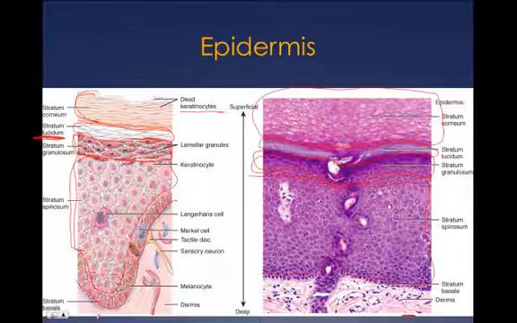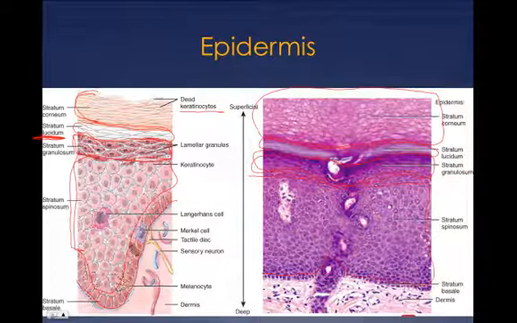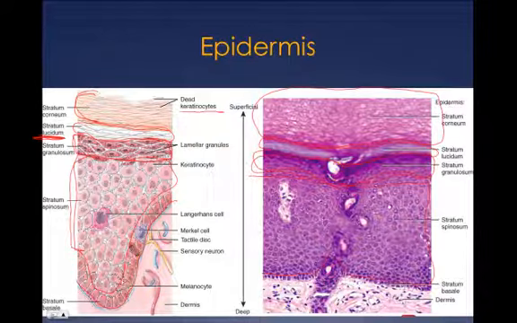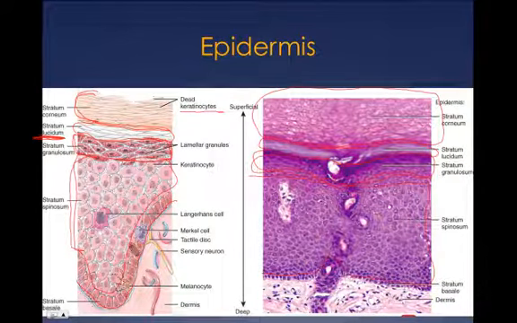And the stratum basal is basically the cell layer that's constantly producing new epithelial or epidermal cells. So these cells are actually mitotically active. They're constantly undergoing mitosis, and as they undergo mitosis, they'll push these cells up into the next layer. As they're dividing into two, they're constantly producing this next layer of cells.